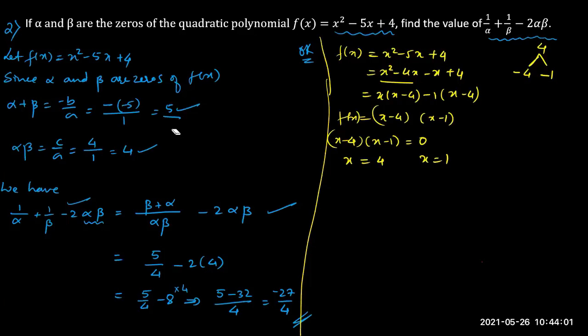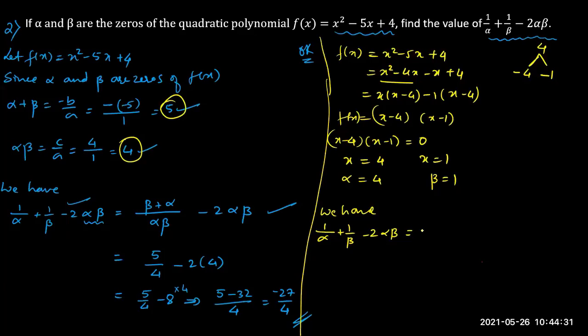Correct. So now alpha is 4 and beta is 1. So alpha plus beta is 4 plus 1, here we get 5, and alpha into beta is 4 into 1, that is 4. Now we'll take the given expression directly, 1 by alpha plus 1 by beta minus 2 alpha beta. Here we'll fill the values.